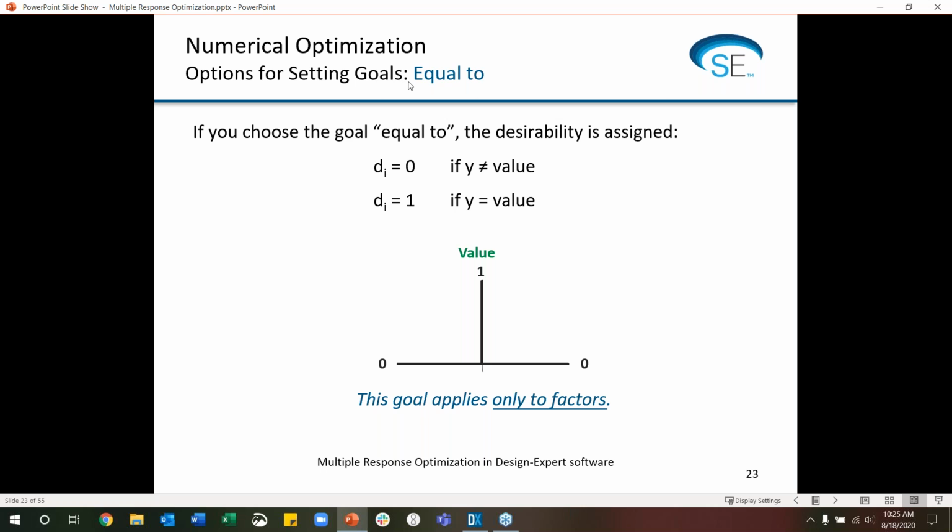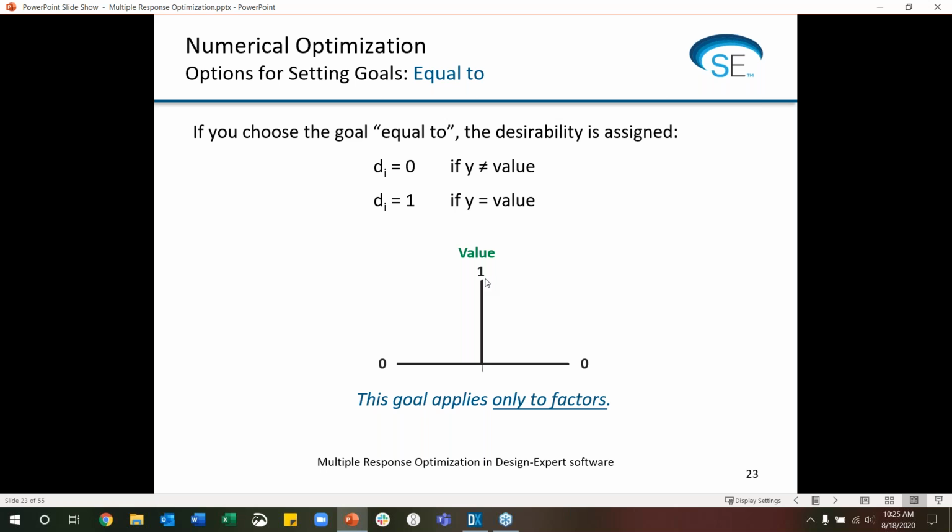If you set a goal is equal to, and this is only available for a factor, it's really convenient sometimes to do for factors. You can set a goal is equal to an exact value, or where I really like to use this is with categoric factors.